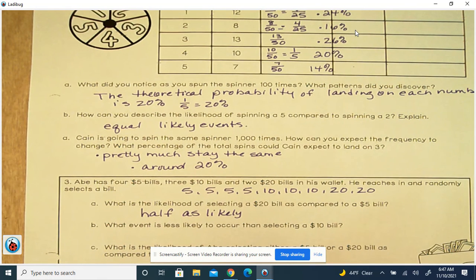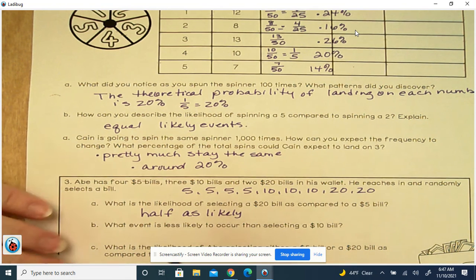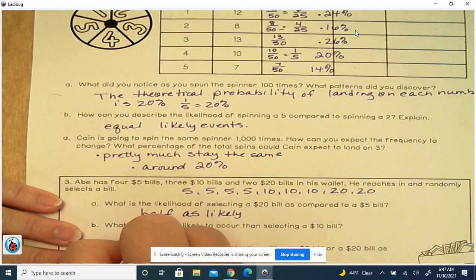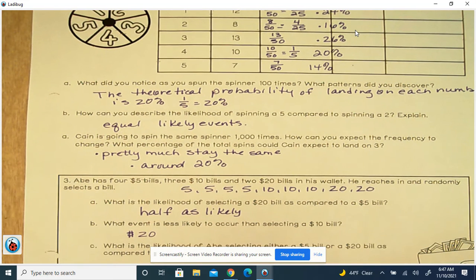What event is less likely to occur than selecting a $10 bill? Once again, it's the $20, because there are fewer possible chances. And what is the likelihood of Abe selecting either a $5 or a $20 bill as compared to a $10?